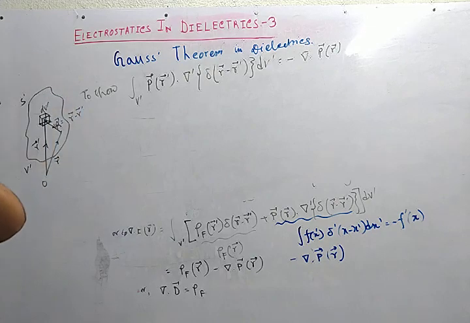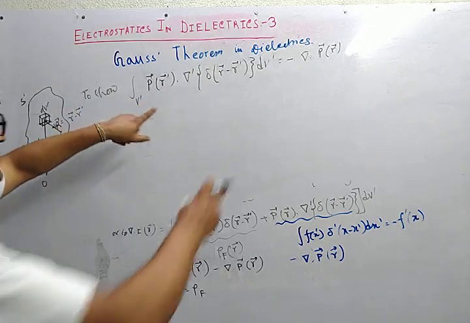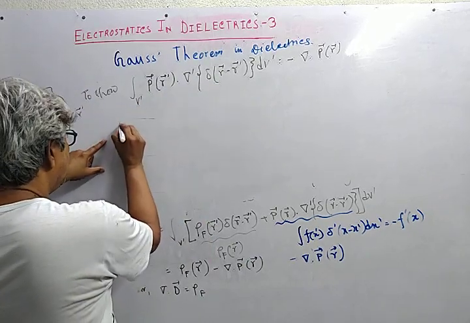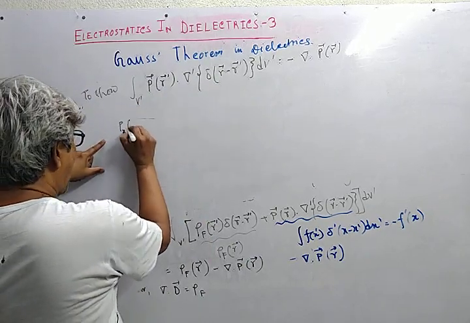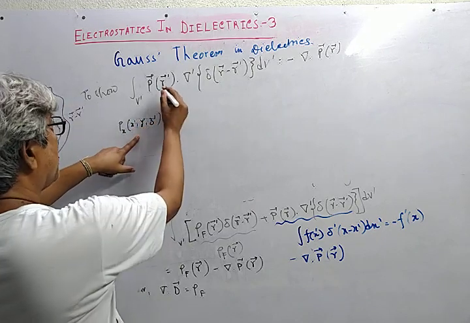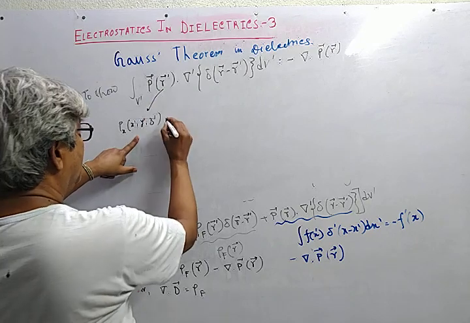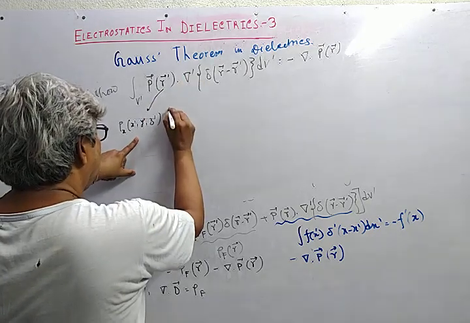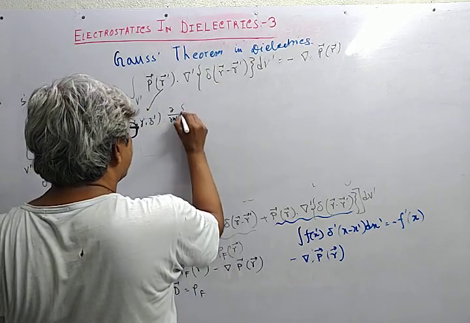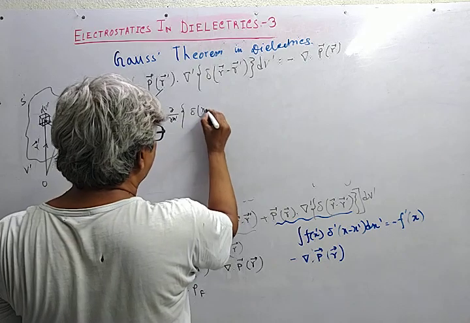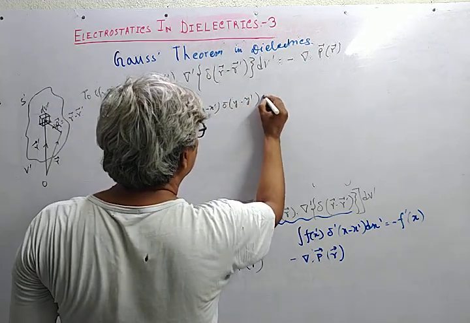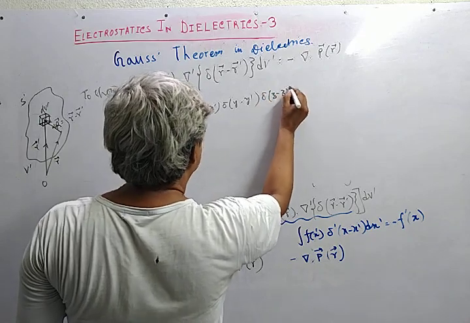We take the x component of this, or if we write this part explicitly, this becomes p x at x prime y prime z prime, for r prime, dot for this del x prime, and this operates on delta of x minus x prime, delta of y minus y prime, delta of z minus z prime.